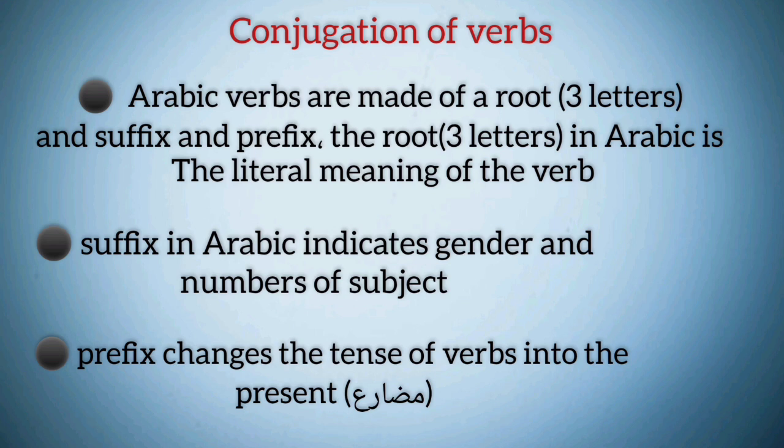The second point is suffix in Arabic indicates gender and number of the subject. This is what suffix does in Arabic. Gender, male or female, and number of subject, plural or singular. And the prefix changes the tense of verbs into present. It makes verbs into mudara, into present. This is what prefix does in Arabic.